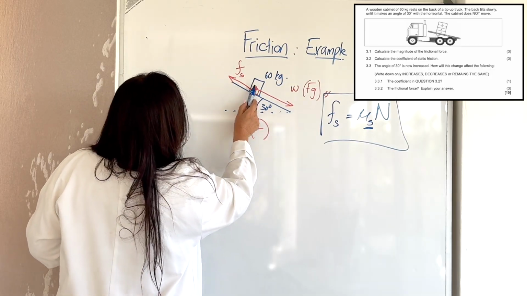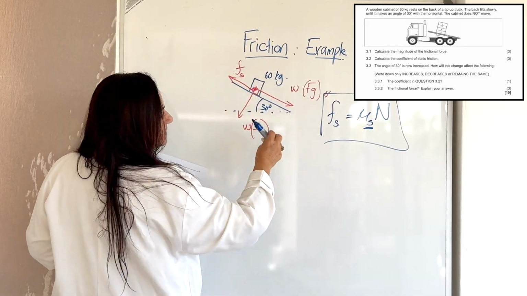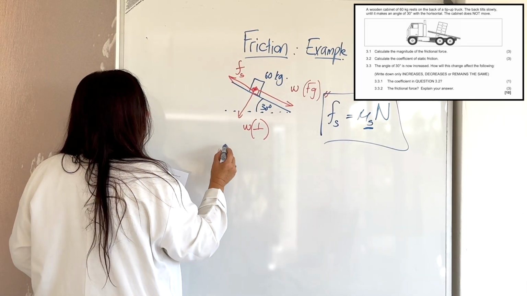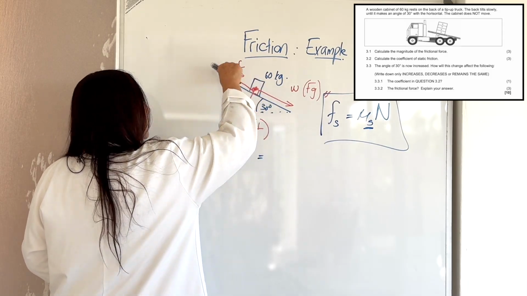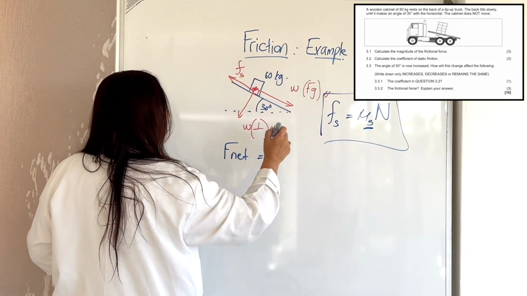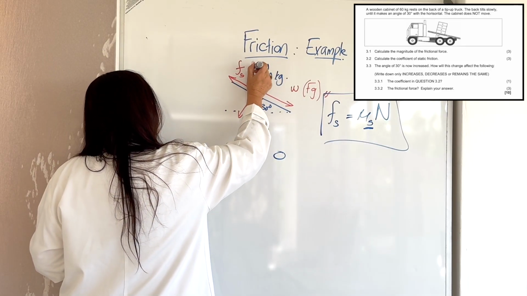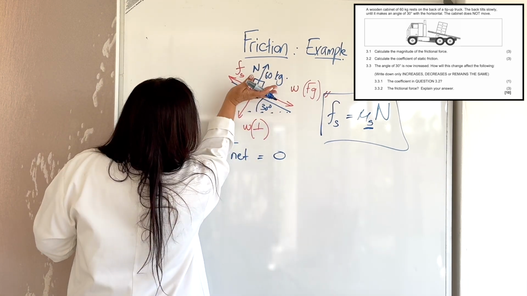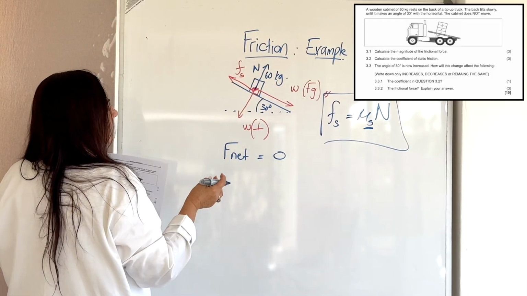If we look at these two forces working parallel to the slope, they're in equilibrium. What does it mean? It means that the net force on that object on that slope equals 0. Yes, there's also the normal there. So I've got my weight pushing down, and the surface pushing upwards with the normal at 90 degrees.